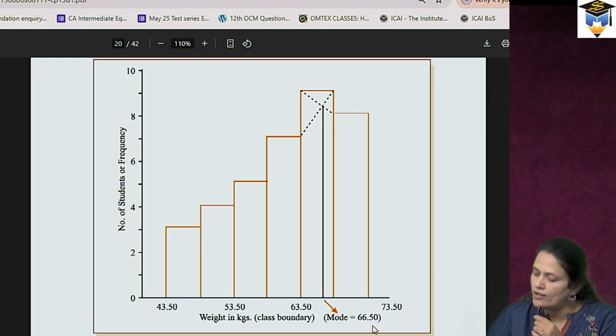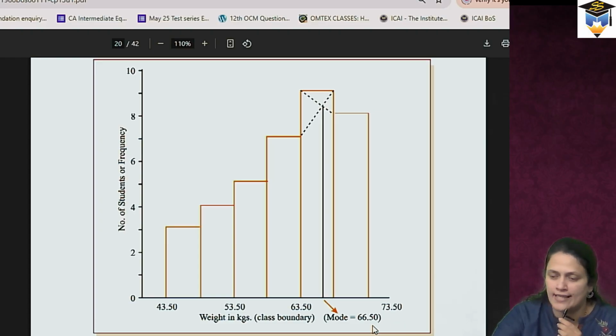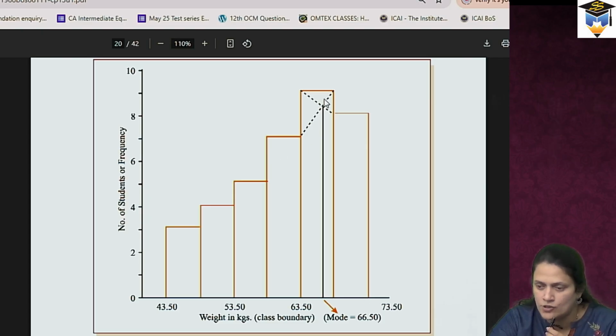Then draw a straight line down to the x-axis. The point where the line hits the x-axis is our best estimate for the mode.